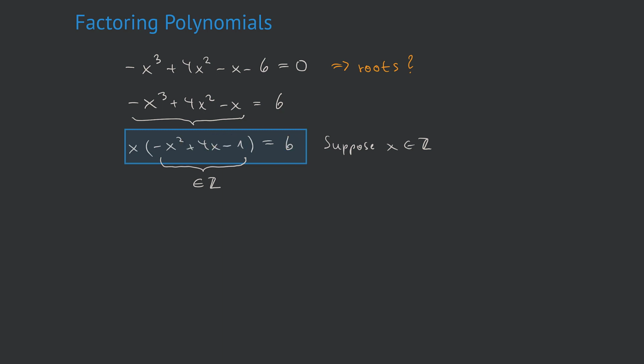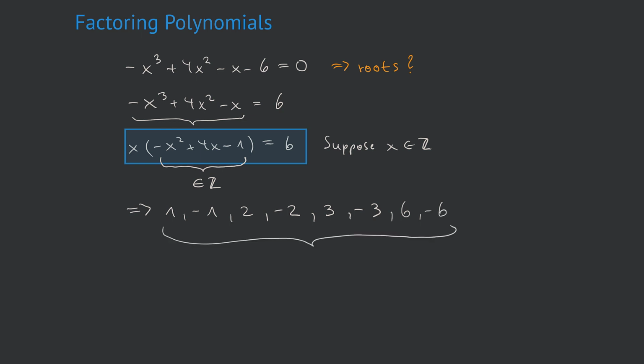So consequently, x must be an integer factor of 6. Now what are these integer factors of 6? Well, they're easy to determine. It's 1, -1, 2 and -2, and 3 as well as -3. And of course 6 itself and -6 are also possible factors.